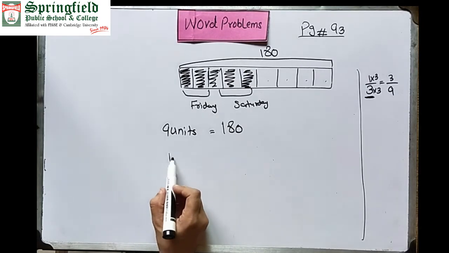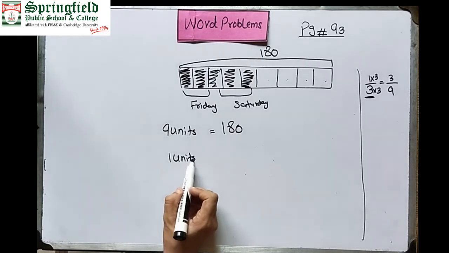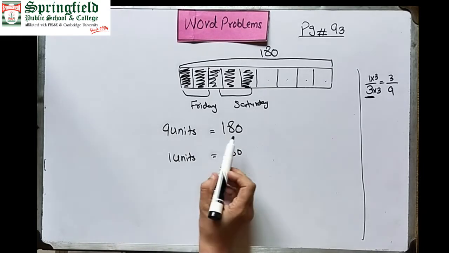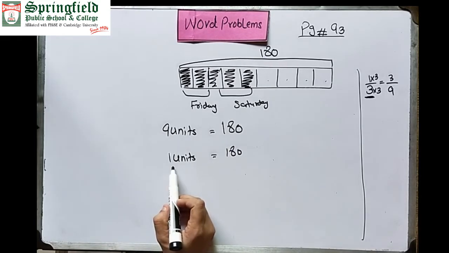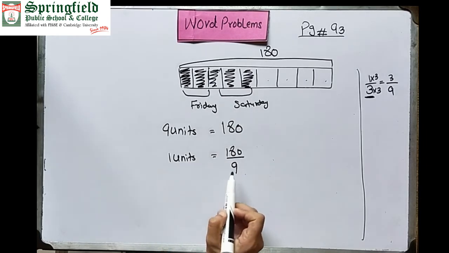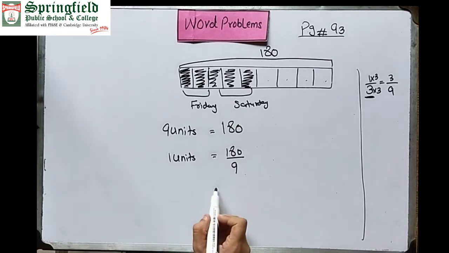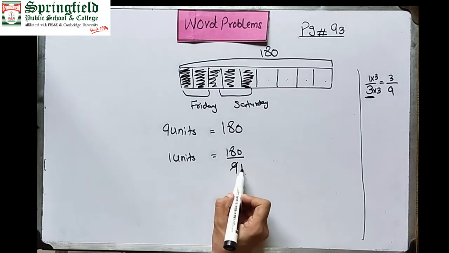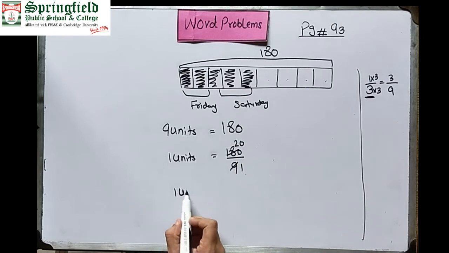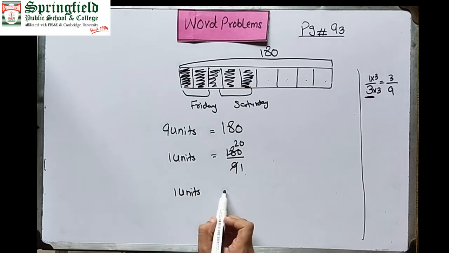So then 1 unit has how many pages? 9 units have 180 pages, and when we are asking about 1, what will we do? We will divide by 9. So read the table of 9. 9 ones are 9. 9 twos are 18 and 0. It means 1 unit has how many pages? 20 pages.